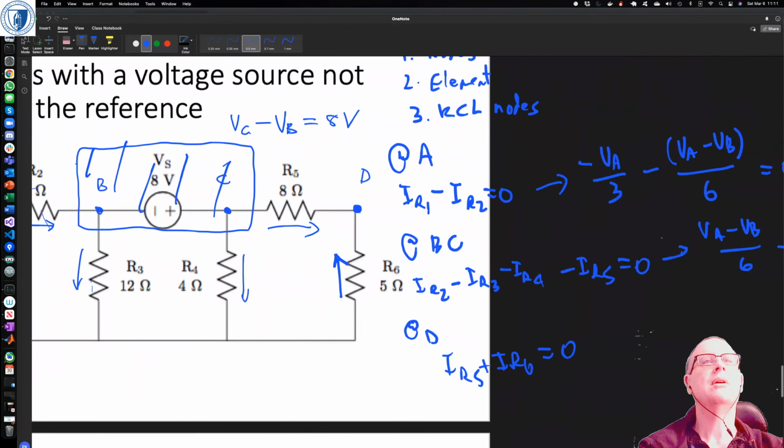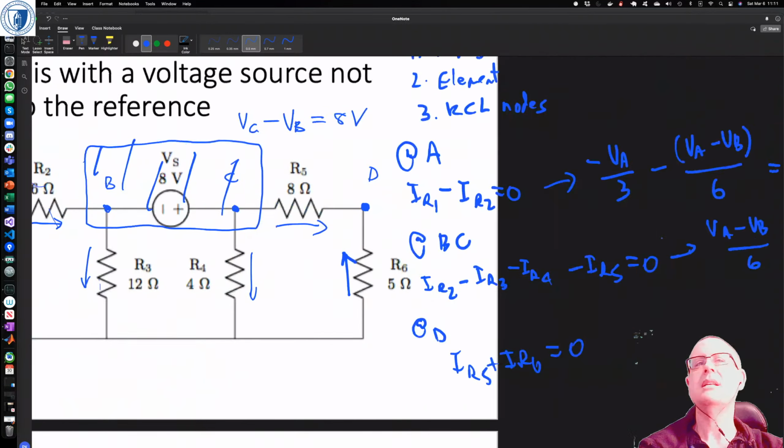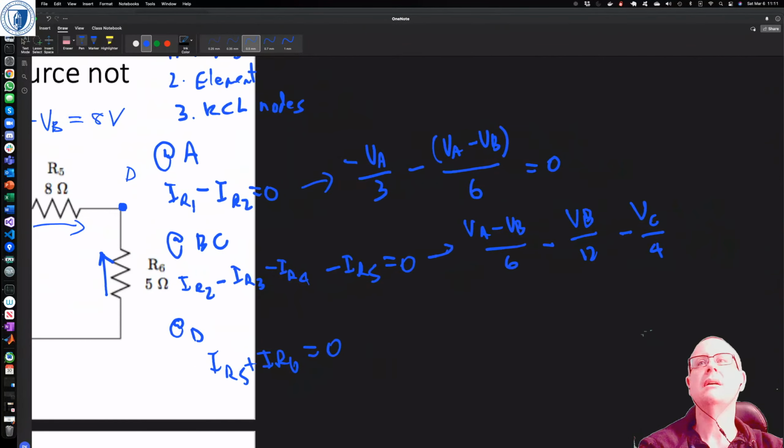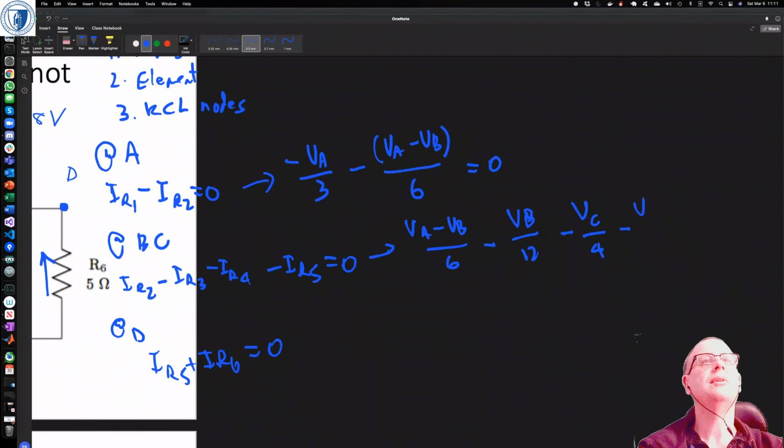And sorry, what am I doing? And then IR5, which is VC minus VD on 8, and we're subtracting it. Minus VC minus VD on 8, and that equals 0.